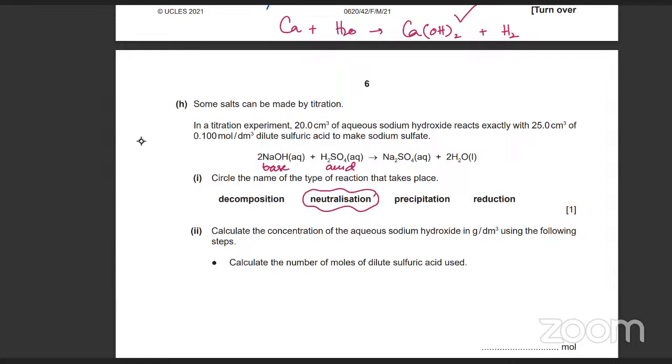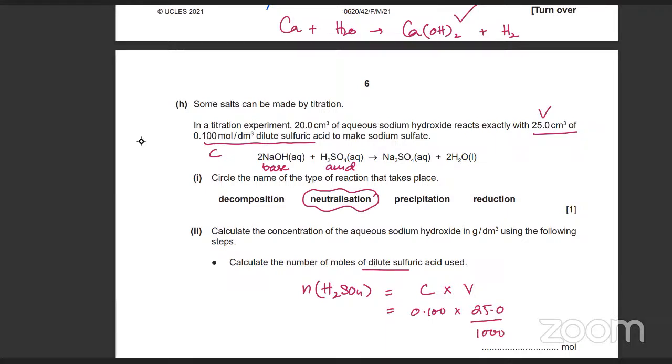Calculate the concentration of NaOH in gram per dm. Calculate the number of moles of वो कह रहा है sulfuric acid के moles निकालो. So sulfuric acid का volume is given and its concentration is also given. So how do you find moles? Moles of sulfuric acid. ये पेपर के अंदर थोड़ा सा तरीके से देख लेना. n represent करता है moles को, concentration times volume, right? So it's going to be 0.1 multiplied by 25 cm cube, but it should be in dm cube, right?